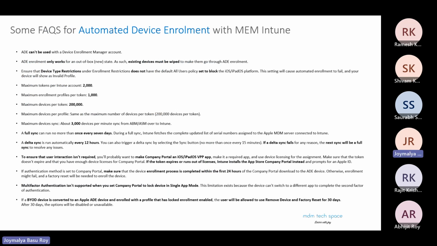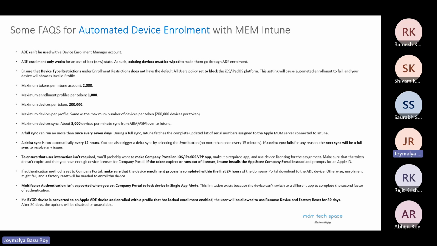Automated device enrollment cannot be used with device enrollment manager account. It only works for an out of the box device, like a new device. So existing devices, if you want them to go through ADE, they need to be wiped so that they again start from the initial setup.